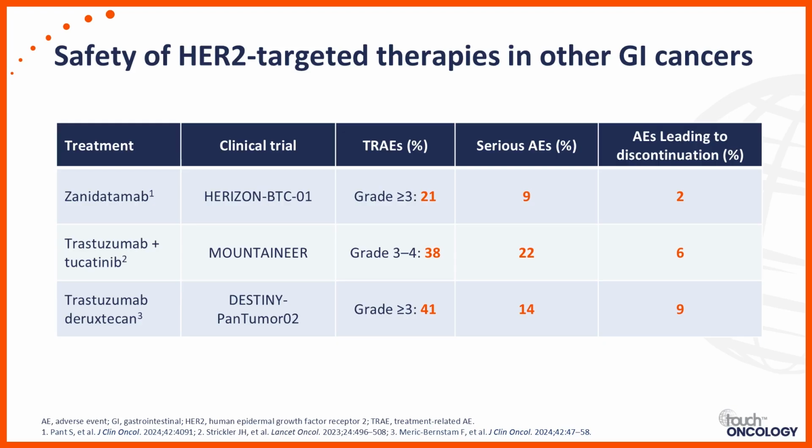So for patients treated with zanidatamab, I personally know it from studies we are doing with this drug, monitoring for diarrhea, halting the treatment if there is diarrhea, and treating diarrhea is one of the most important issues in the context of zanidatamab. But otherwise, that's a very interesting novel drug that may play a role in the future.